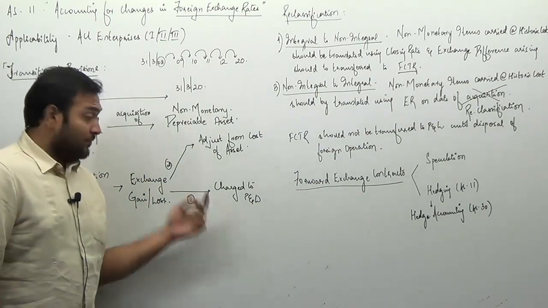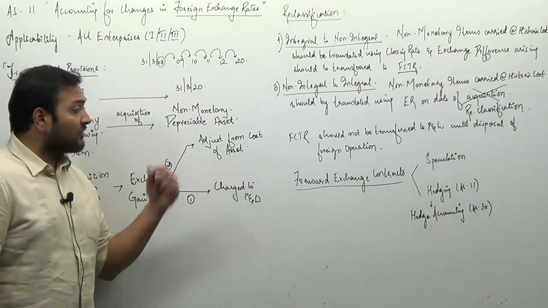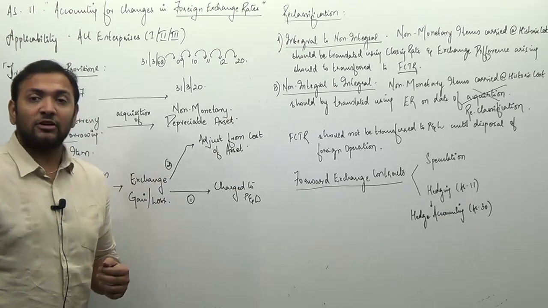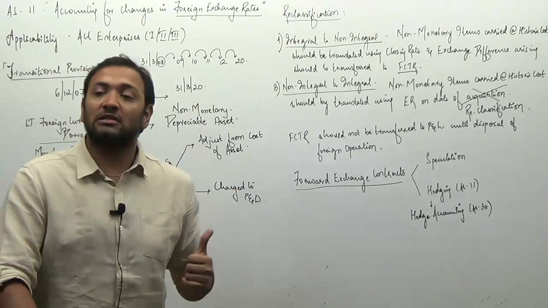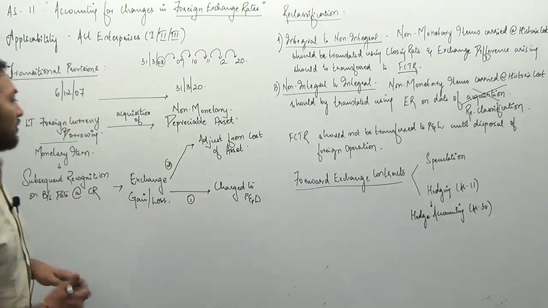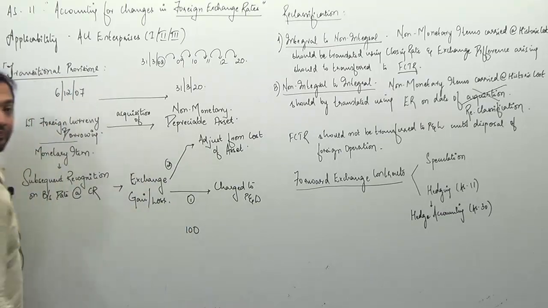Now you will say, if it was charged to P&L, then my profit is reducing. But if it is adjusted to the cost of the asset, the profit is not reducing. Then how come 2 different treatments? Absolutely wrong. The treatment is still the same. I'll tell you how. Let's say the cost of the asset was 100.